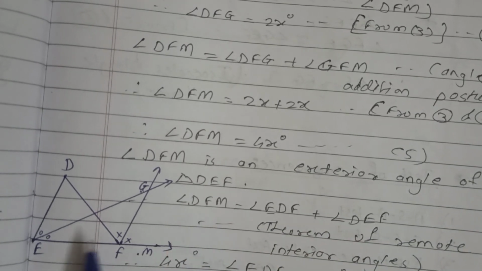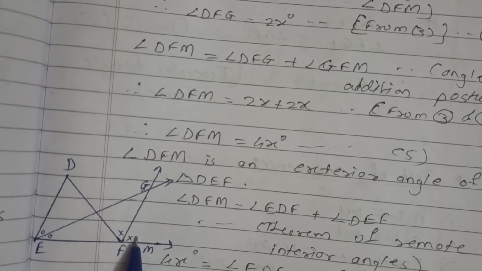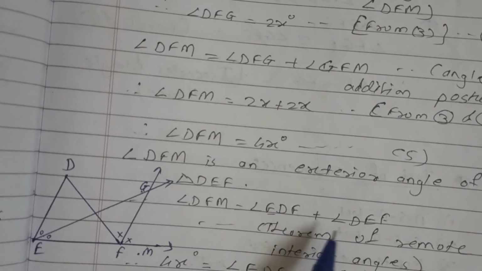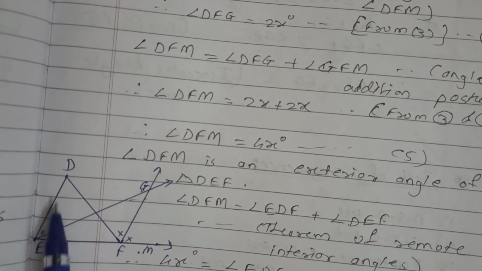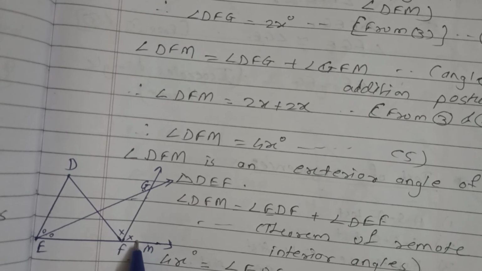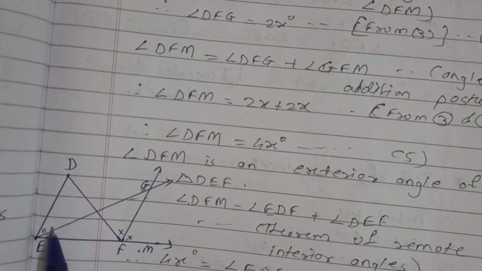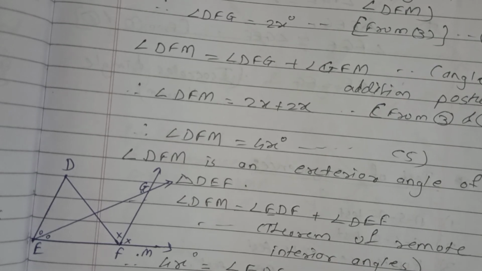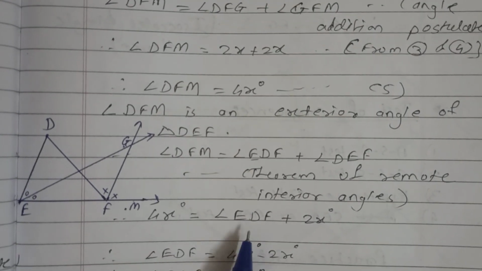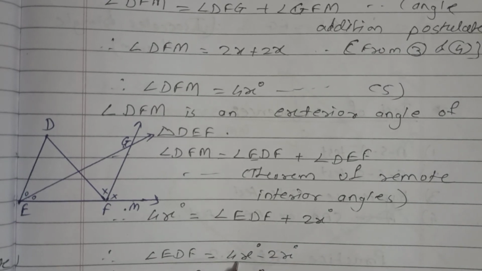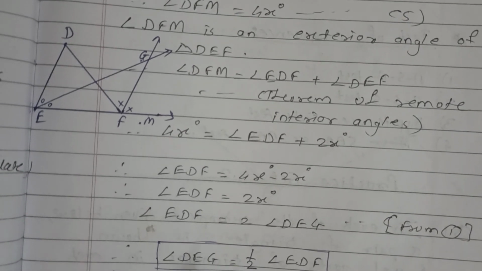EDF means this angle and DEF means this angle. Now the measurement of this angle is equal to the sum of these two angles. We know that because of the theorem of remote interior angles. Therefore 4x is equal to angle EDF plus 2x. Now EDF is equal to 4x minus 2x, therefore angle EDF is equal to 2x.